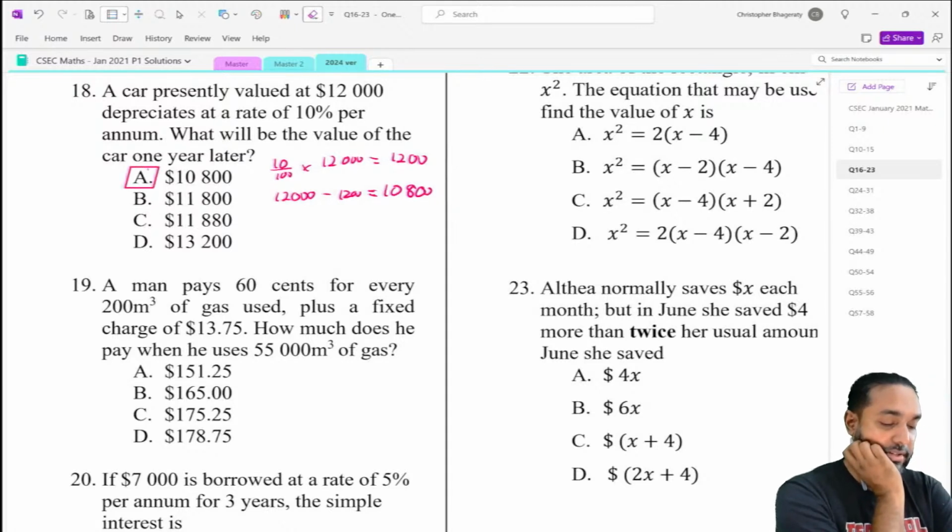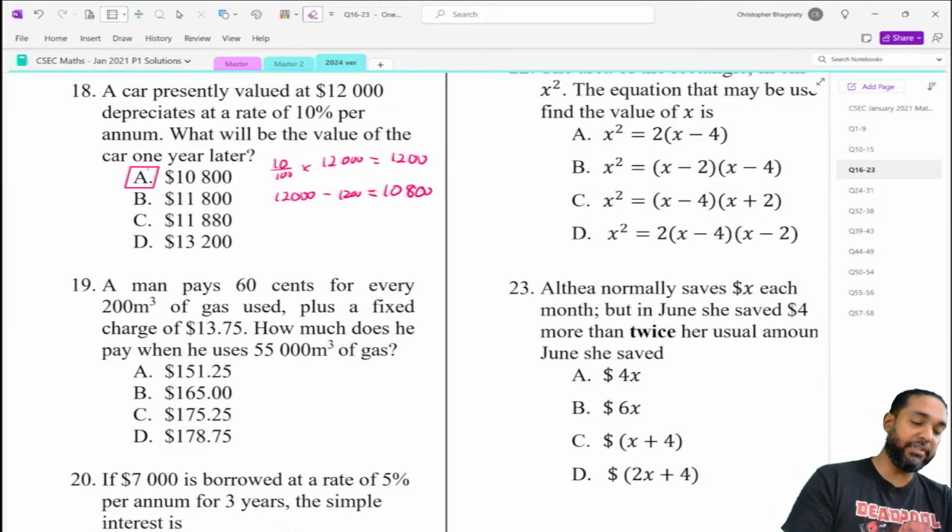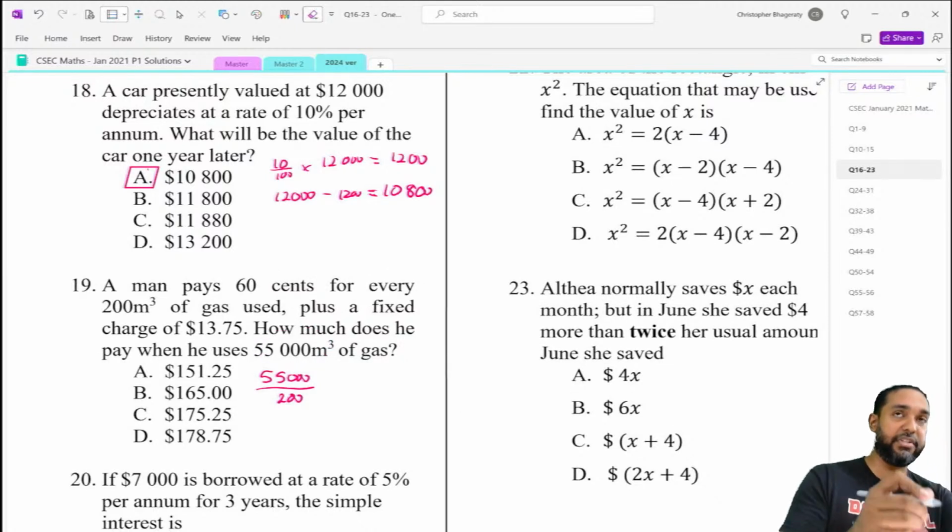A man pays 60 cents for every 200 cubic meters of gas used, plus a fixed charge. How much does he pay when he uses that much gas? We said you have to divide the amount of gas by 200, because that is 1 unit. So you're paying 60 cents for every 200. If you use 55,000, you have to find how many units of 200 you used, and then multiply that by 60 cents, which is 60 out of 100, or 3/5.